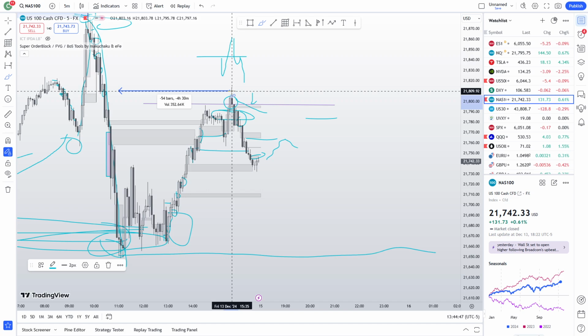But once I have my bias on the high time frame, then my trades on my lower time frames are going to be based on that bias. I'm going to go into my lower time frames and base my entries on my long term, on my high time frame bias.